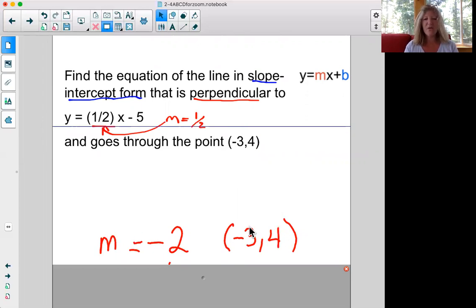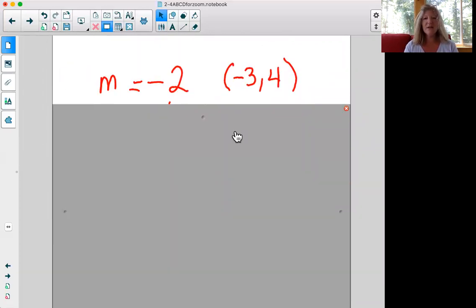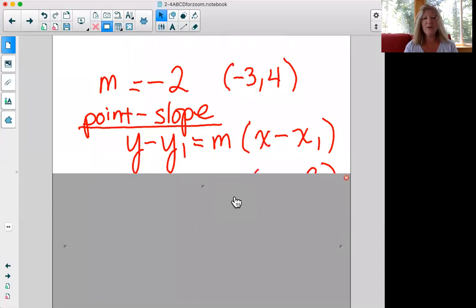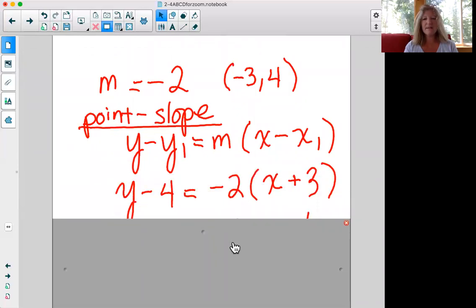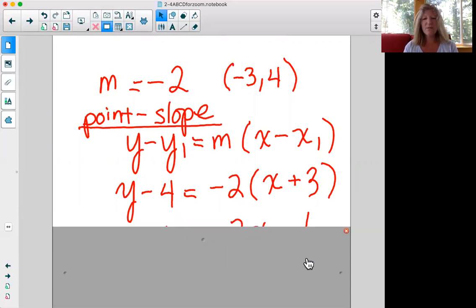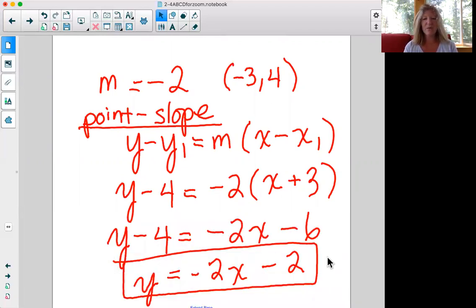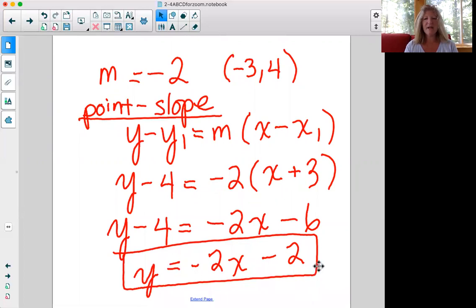So now I have the slope and a point, so I can put it in point-slope form. And now I can do what I'm asked. I was asked to get my final answer in slope-intercept form with y alone, so I can distribute, and I can add 4 to both sides to get my final answer in slope-intercept form.